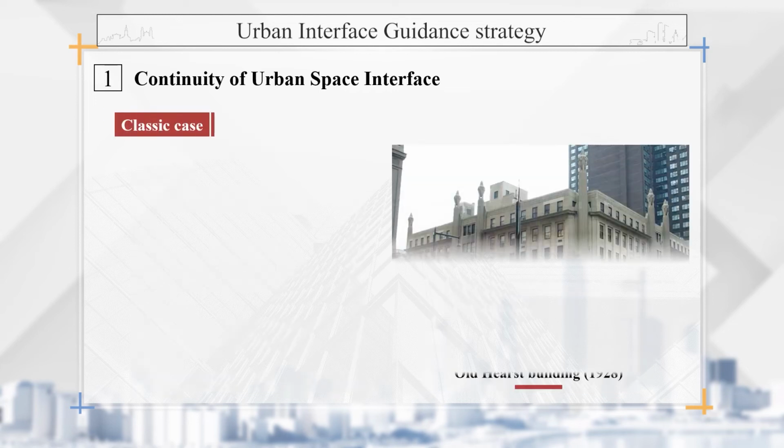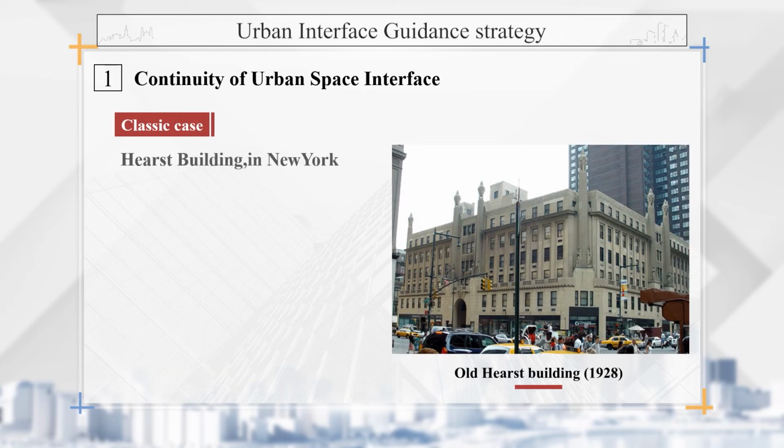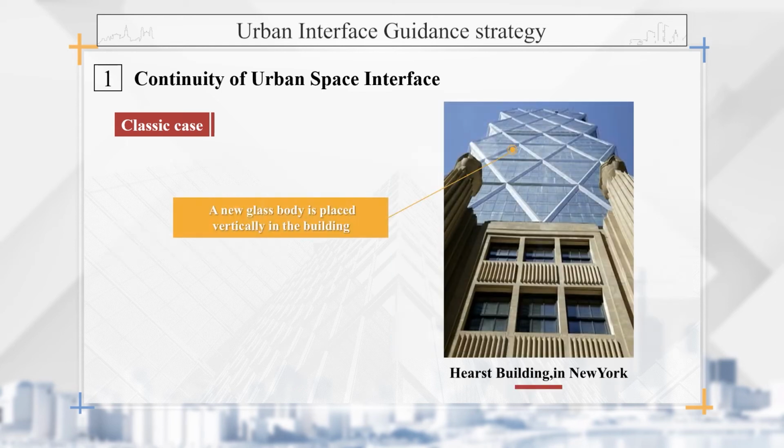We take the Hearst building as an example, the predecessor of which was the 6-story stone building built in 1928, and the architect Foster, in his design, completely preserved the iconic stone facade of the 6-story building, demolished the interior, and built the 46-story stainless steel glass building from it.